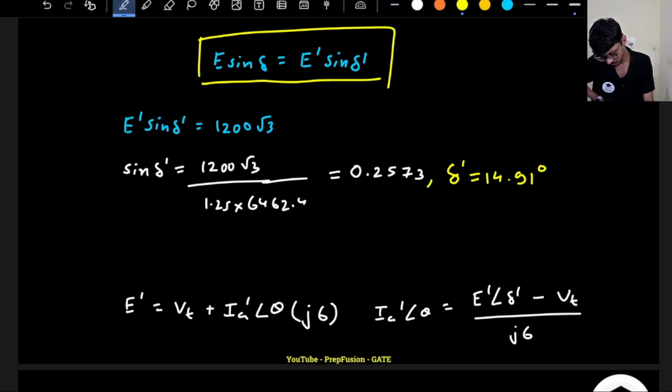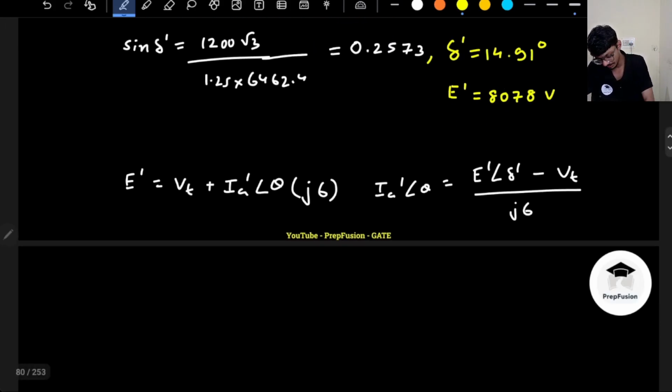What will be E dash? E dash will be 6462.4 into 1.25, which is 8078 volts. So I will replace it over here.